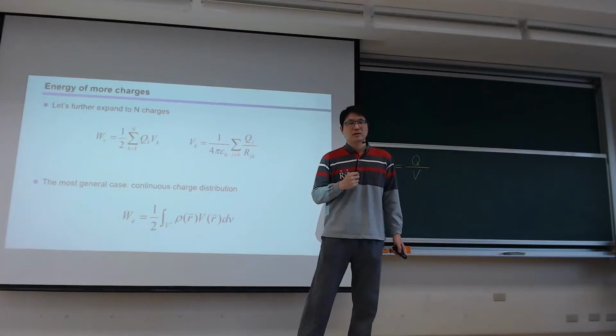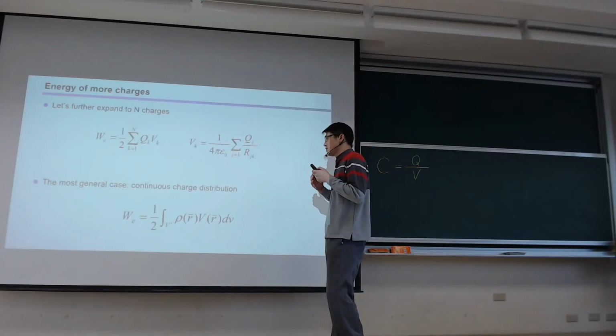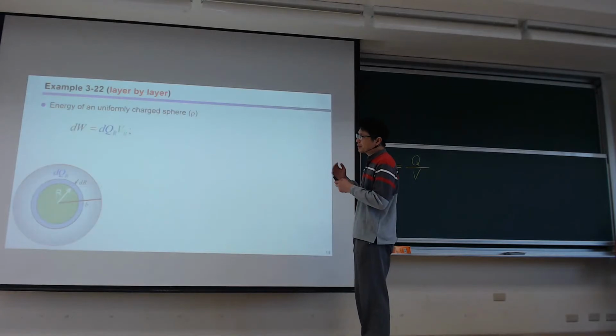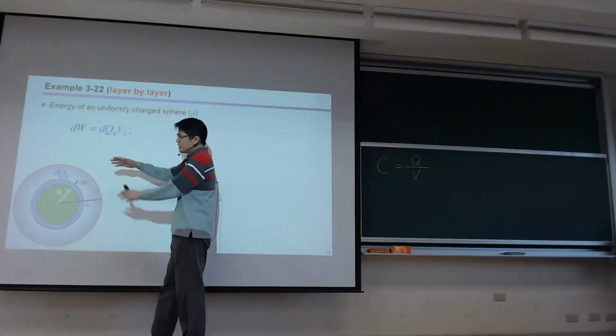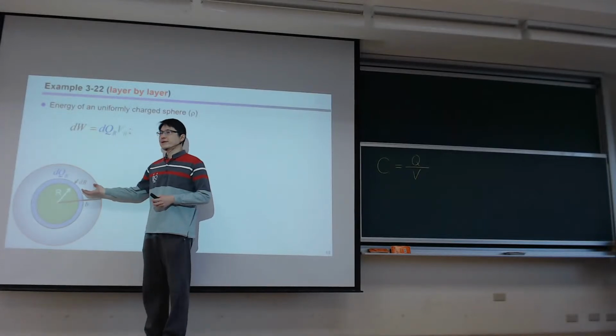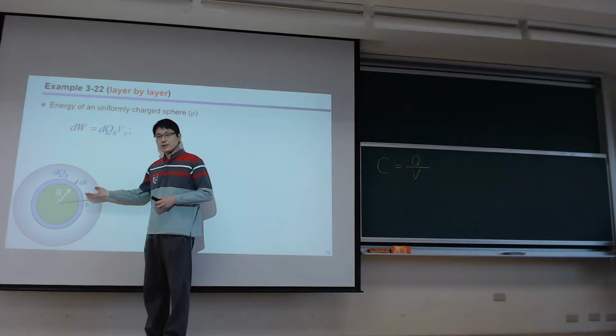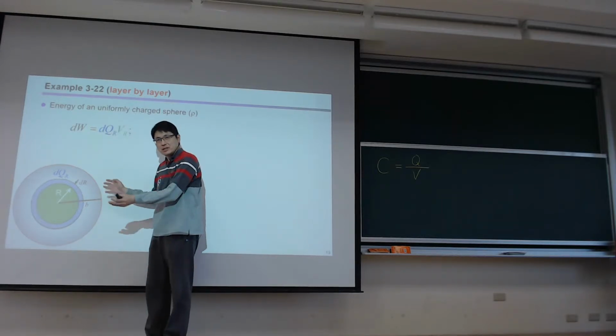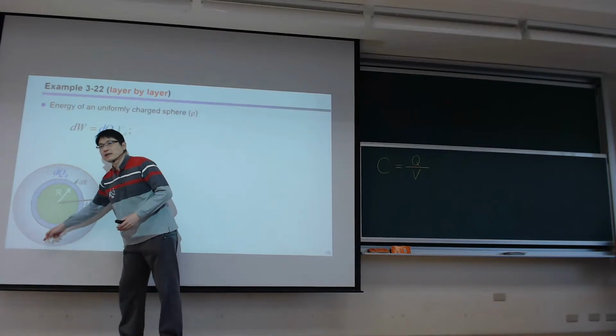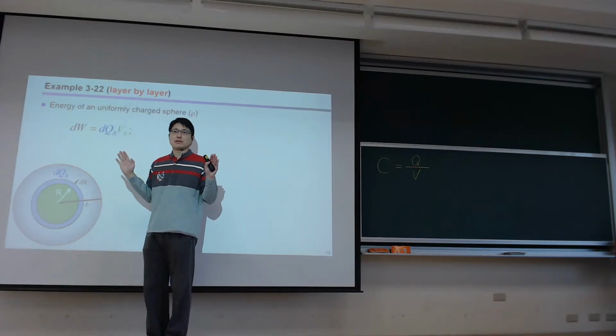Okay? So now let's take a look at one particular example. So somehow, in space, we have a uniformly charged sphere. So the charge density at any location is the same.